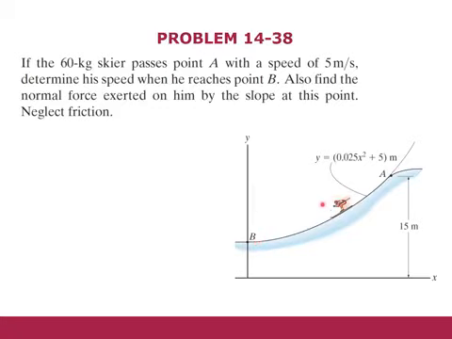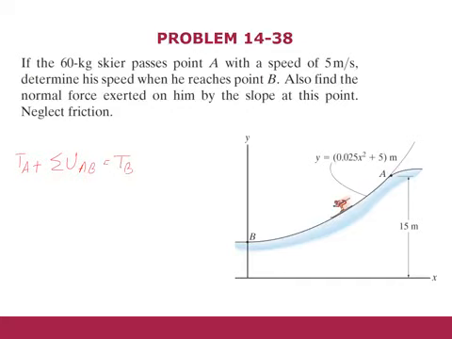We have the work energy equation, which is T_A to T_B. We can write it as T_A plus the sum of all the work done from A to B is equal to T_B.